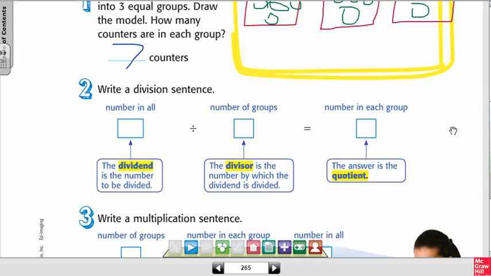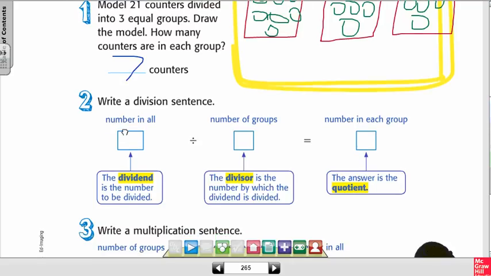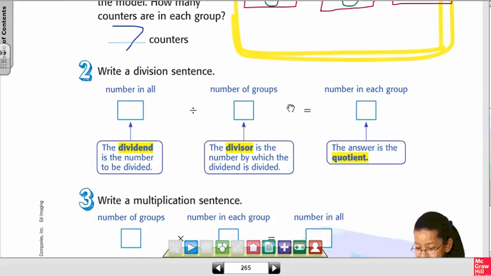Write a division problem, or a division sentence, or an equation, it's the same thing. In a division sentence, the first number tells me how many altogether. How many counters do I have altogether? 21. That's called the dividend, the number to be divided.